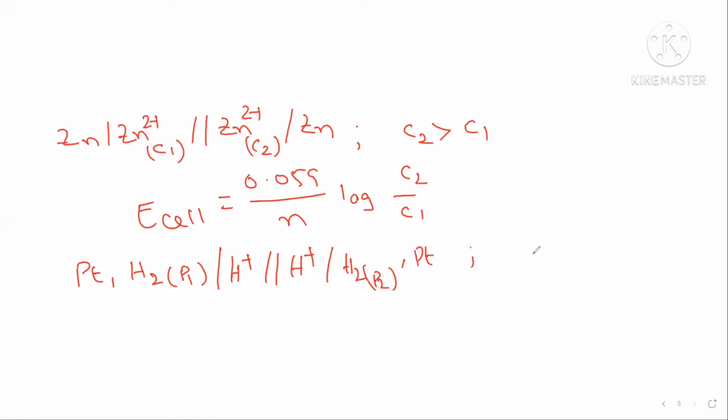If P1 is greater than P2, now how can we calculate the EMF of the cell? E cell is equal to 0.059 by n into logarithm of P1 by P2, the most important terms.